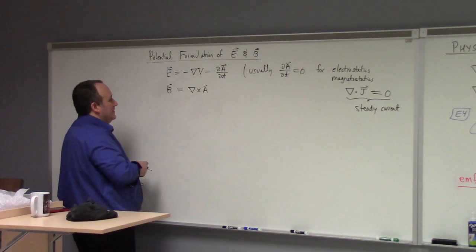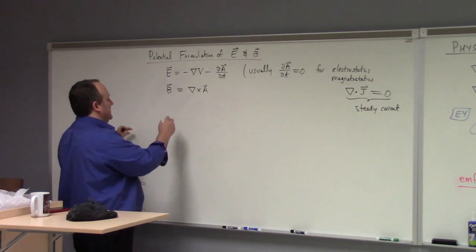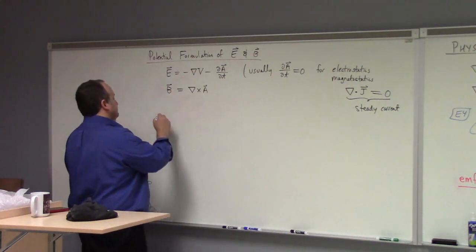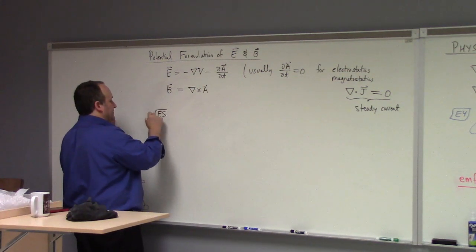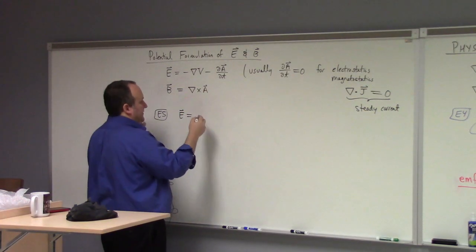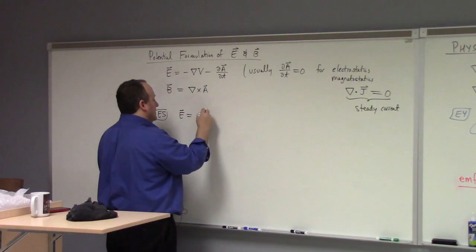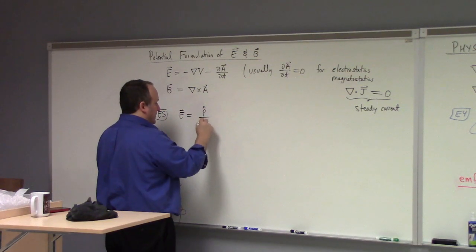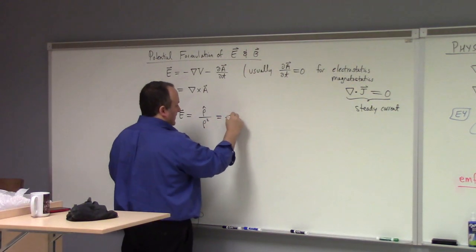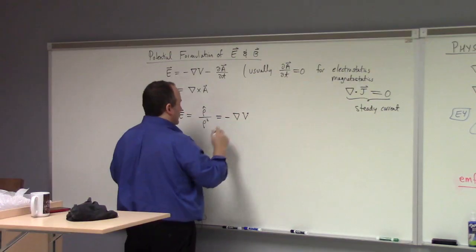But okay, so like example 5. I think you guys can all do this one. Suppose you have the electric field, rho hat over rho squared. You want to say that's minus the gradient of some voltage function.